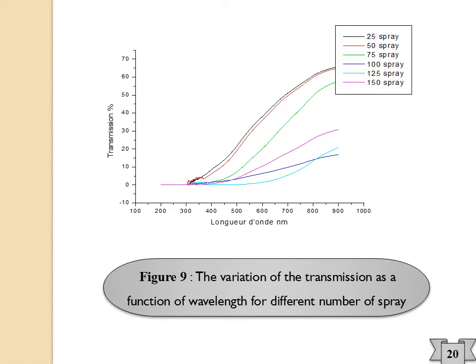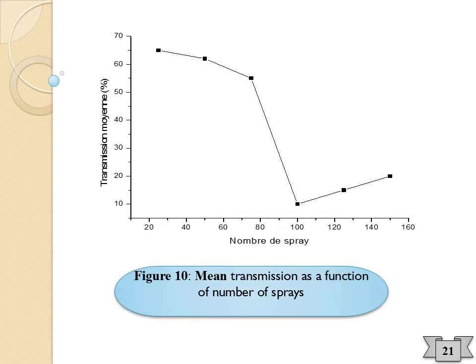Figure number 9 is the variation of the transmission as a function of wavelength for different sprays. And this figure represents the mean transmission as a function of number of sprays.